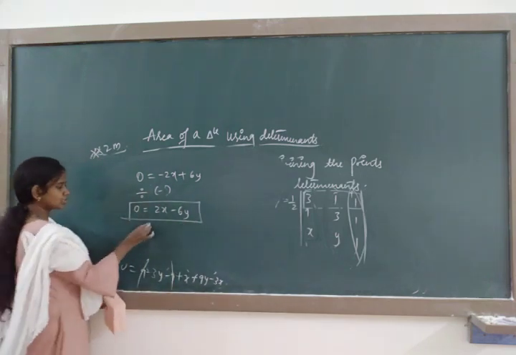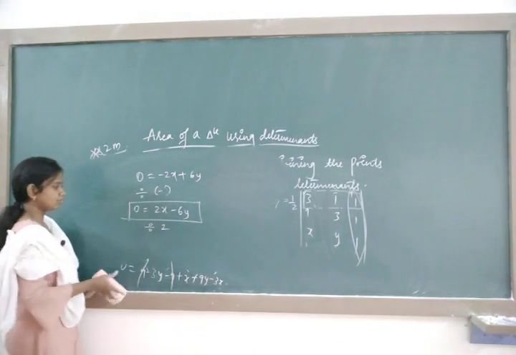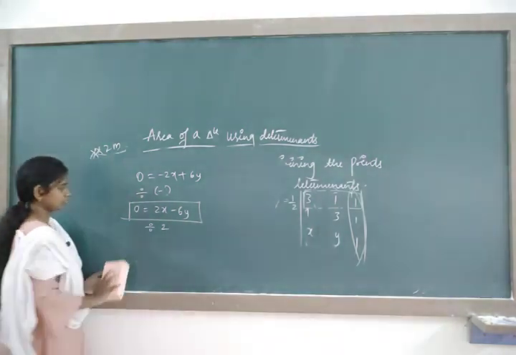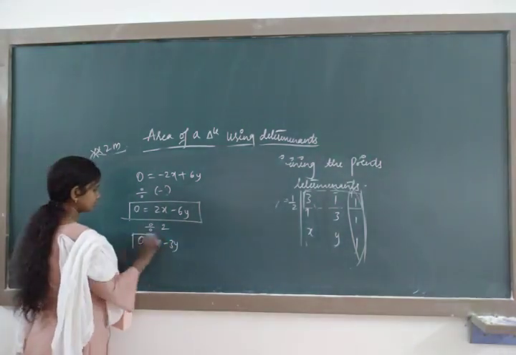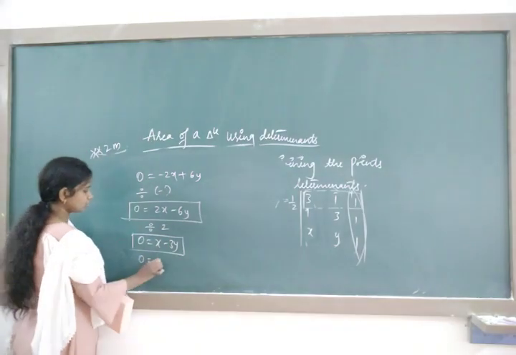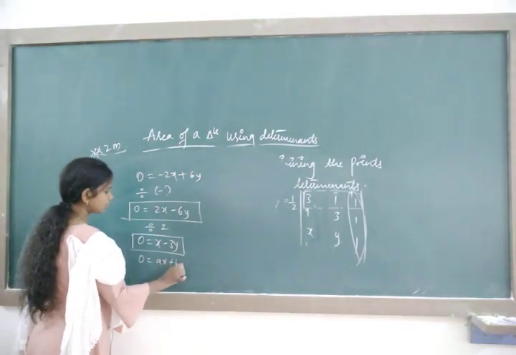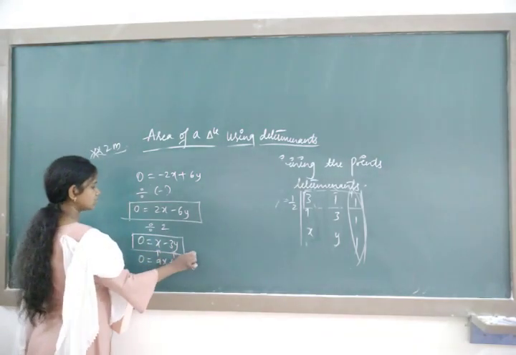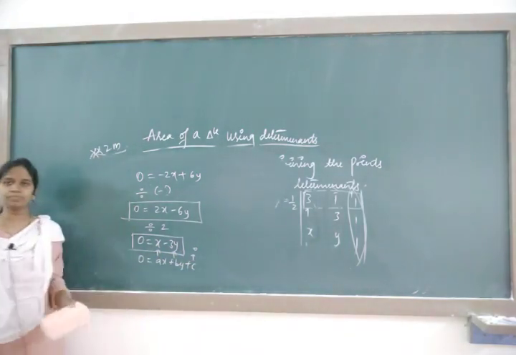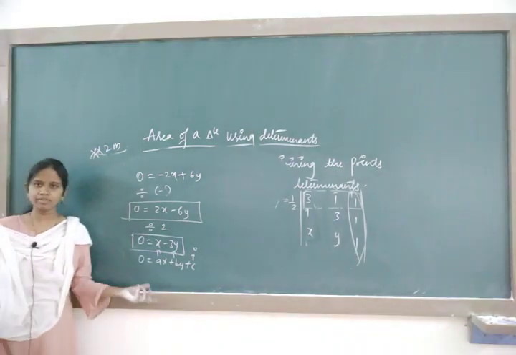Or else, again to look nice, divide throughout by 2. It's 0 is equal to x minus 3y. It is of the form 0 equals ax plus by plus c, where a is 1, b is minus 3 and c is 0. This is your equation of a line.